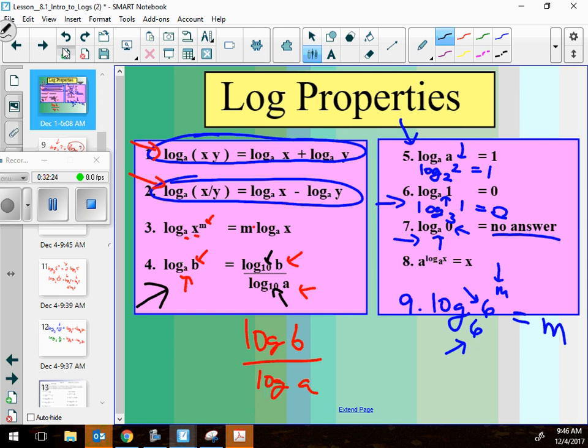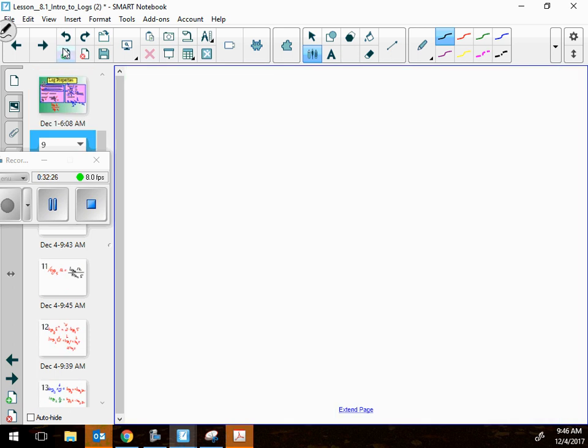Imagine that our test, or the ACT test, had this on it. What's the answer? Log base negative 3 of 3 squared.